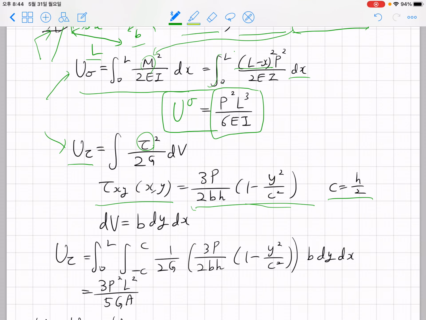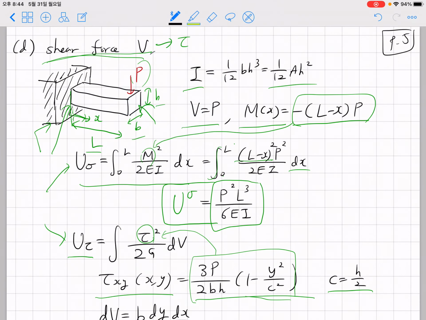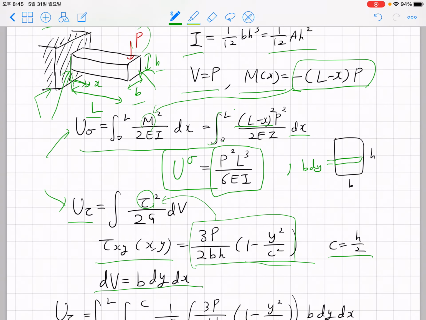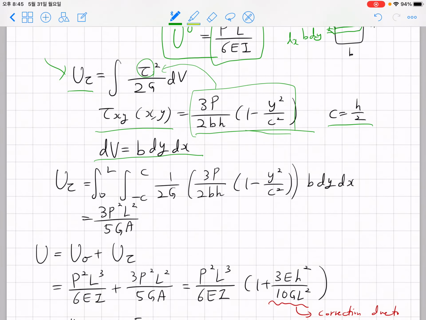C is the largest distance from the centroid to the top or bottom of the beam. So after identifying this equation from some previous lectures, and also identifying that dV can be written as b dy dx, so here, out of this integral, you take b dy multiplied by dx. dx is the distance along the axial direction.